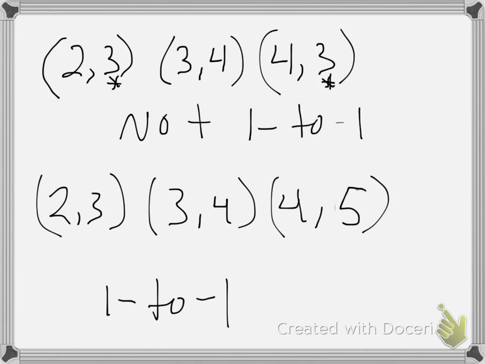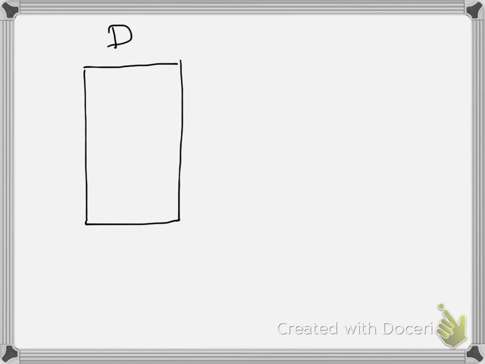Okay. Now, let's define the inverses of these things. If we take a look at one of those simple mappings, okay, here's our domain, and let's put Carly, and let's put Miller, and let's put Jared.